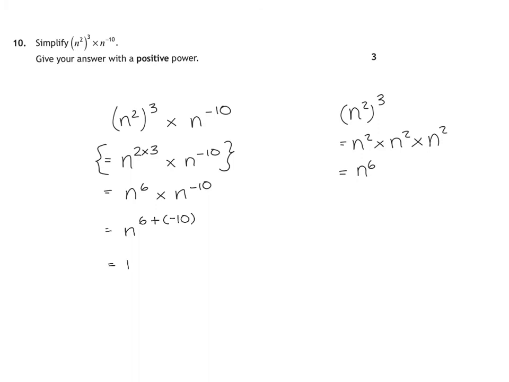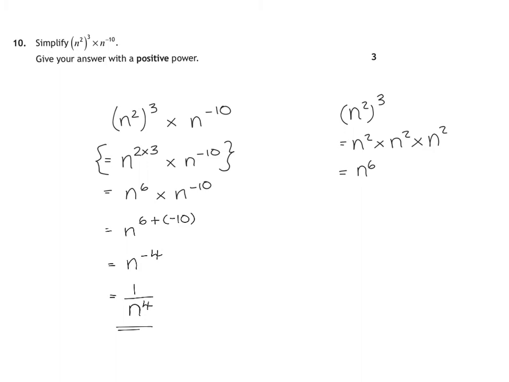So that is n to the power of minus 4. It's asked us specifically to give our answer with a positive power. So if we have a negative power, we can move it to the bottom of a fraction and make the power positive. So we get 1 over n to the power of 4.